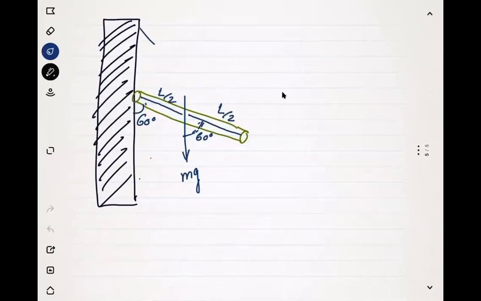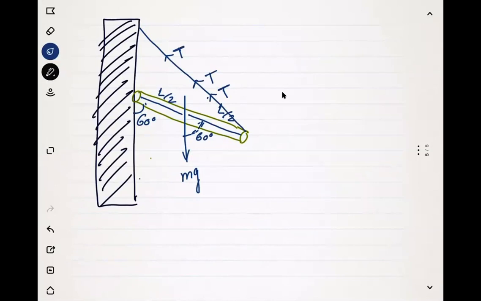Now in the rope, for example, if this is the rope, then the tension in the rope is away from the object on which it's acting. Tension is basically a pull or a pulling force, and in the rope, the tension is away from the rod.